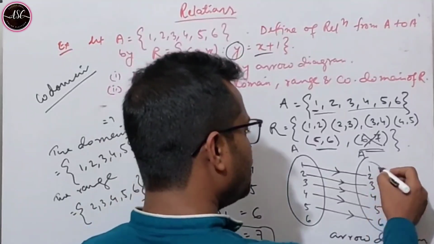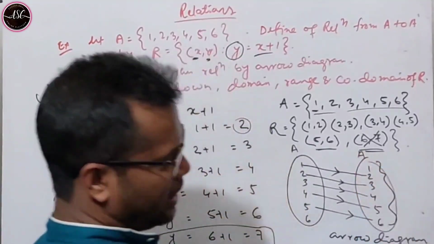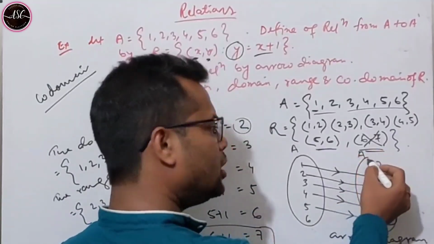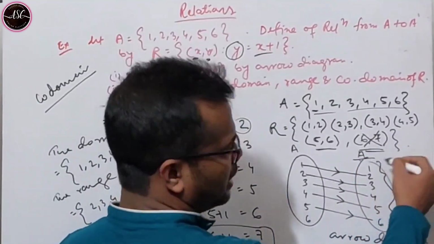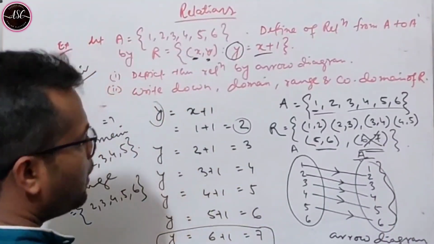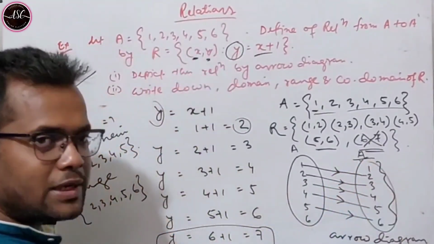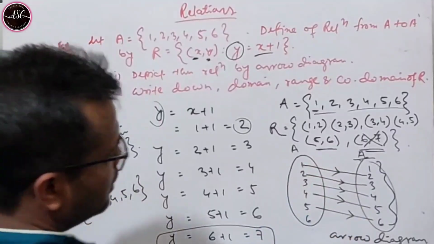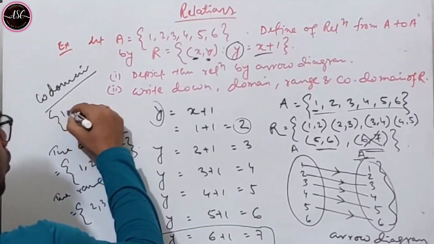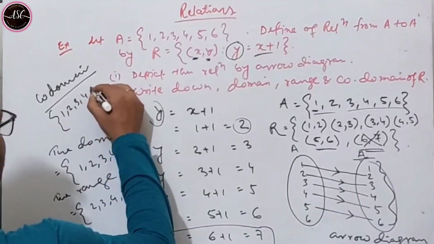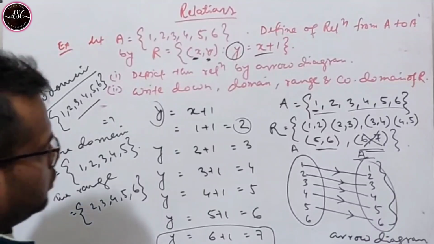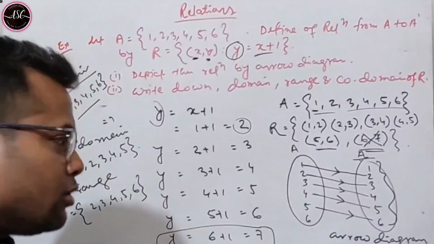All the elements of the set A. Here, A to A, I call this set A, but there may be B, C, etc. So the set of all the elements in this set is called the codomain. So codomain will be 1, 2, 3, 4, 5 and 6. Okay, so now there is a clear concept about this.